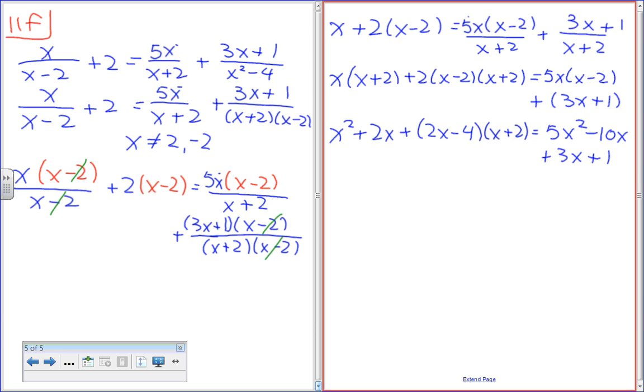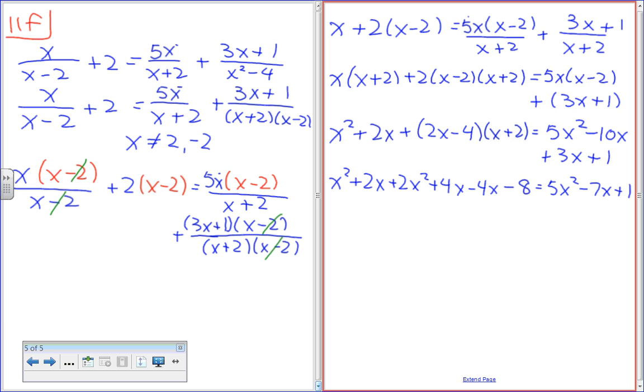Thank you, Georgie. All right, so this turns into x squared plus 2x squared, plus 4x, minus 4x, minus 8, equals 5x squared, minus 7x plus 1. Does that look good? 2 and 2 is 4, negative 4, yes?